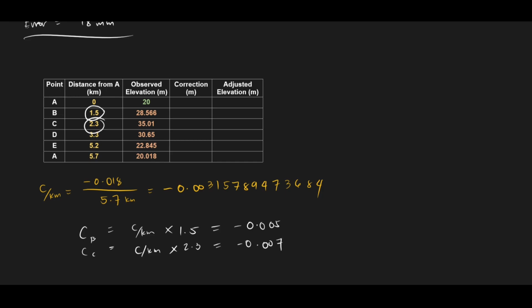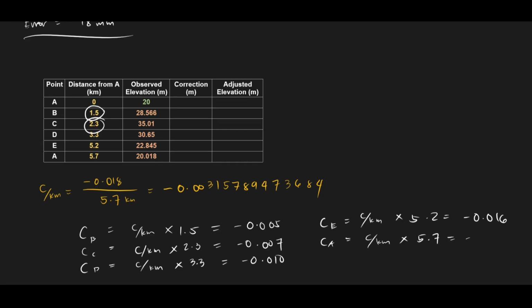And then the correction for D would be multiplied by 3.3, that would be negative 0.010. And then for E, that would be C per kilometer multiplied by 5.2, so that would be negative 0.016. And finally for A, we get C per kilometer multiplied by 5.7, that would be negative 0.018.